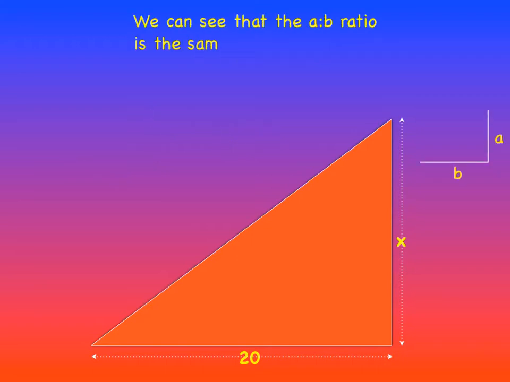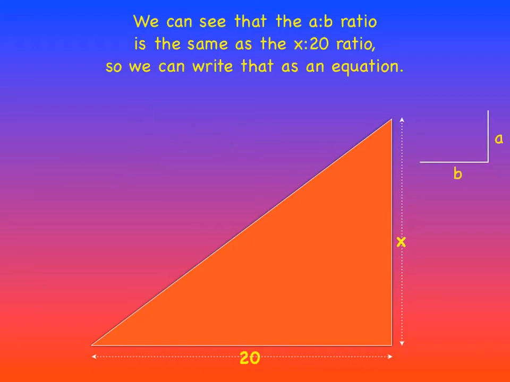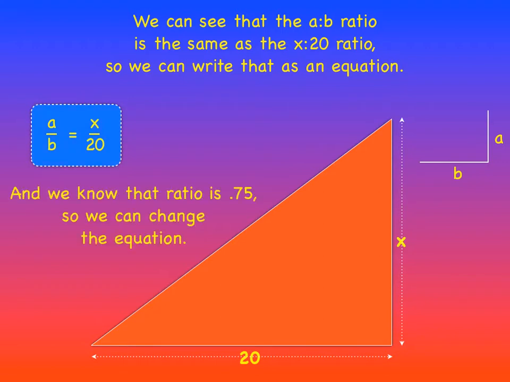We can see that the A to B ratio is the same as the x to 20 ratio, so we can write that as an equation. A is to B as x is to 20. And we know that ratio is 0.75, 75/100ths, so we can change the equation, and now it looks like 75/100ths equals x over 20.